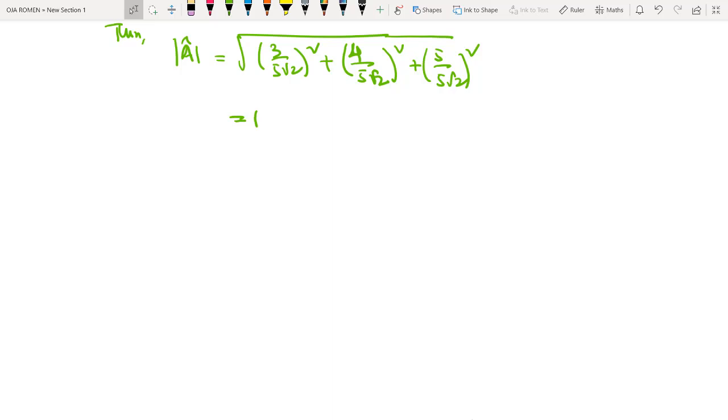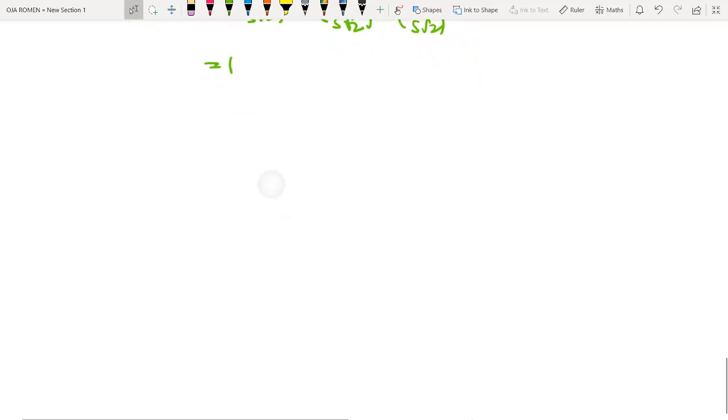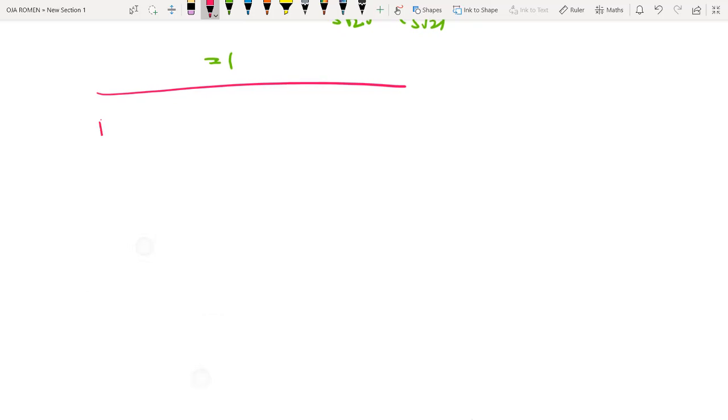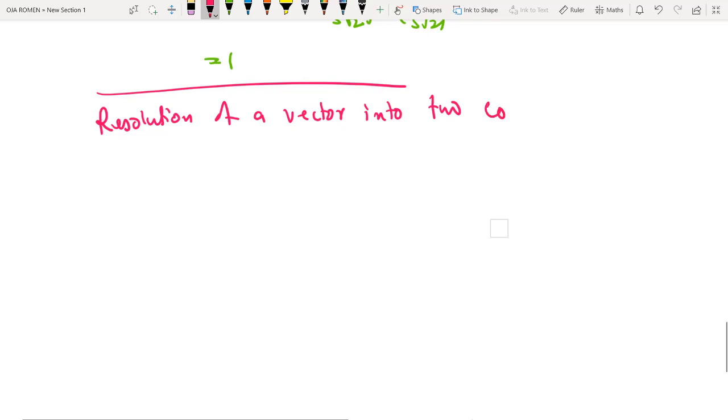Now let's go to resolution of a vector. Resolution of a vector into two perpendicular components, two components.